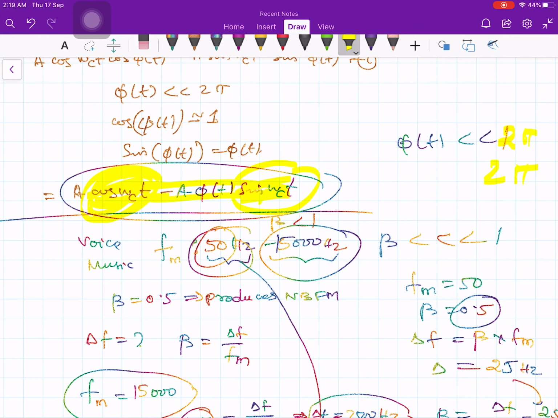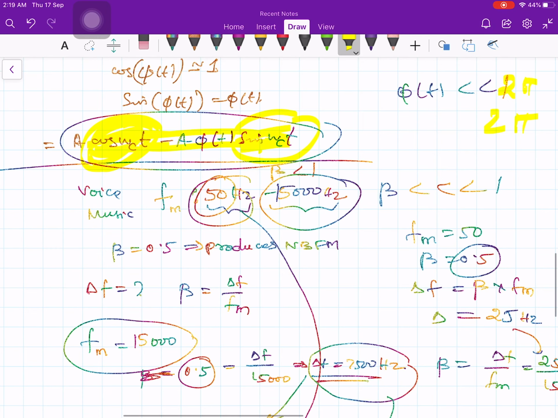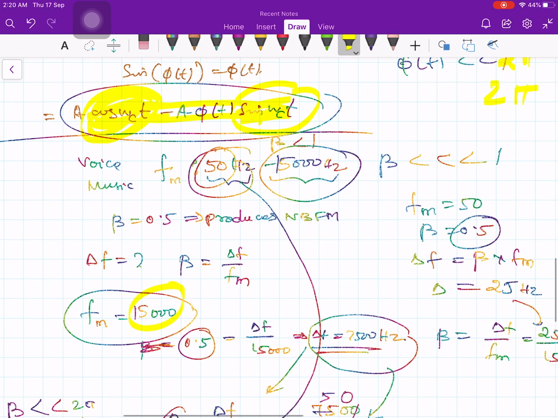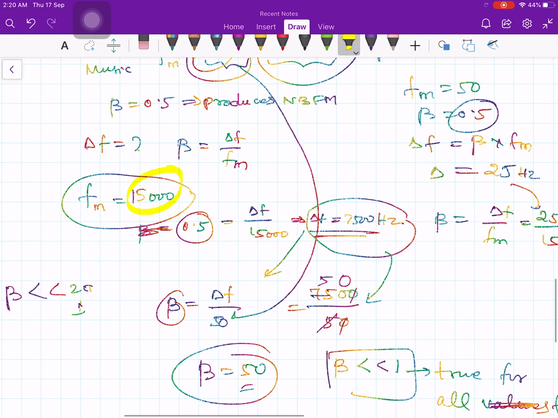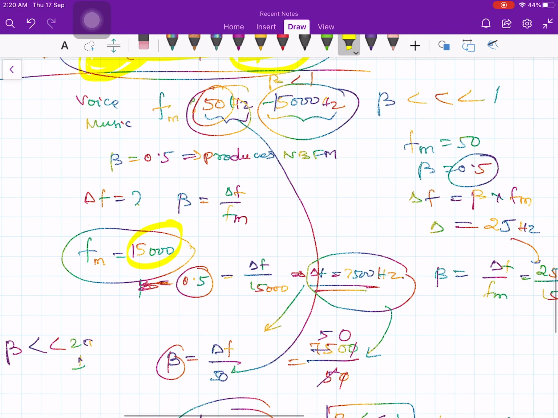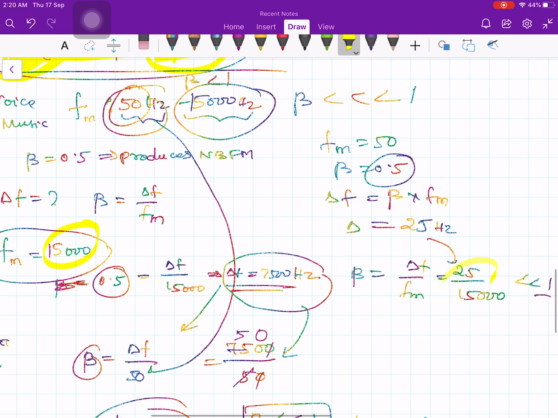For example, if I consider the lowest value, then I get delta f equal to 25, and use the same 25 and calculate for the highest value, then it will be much less than 1. So that is the disadvantage.